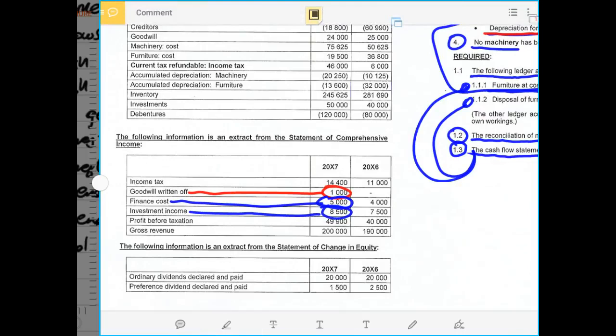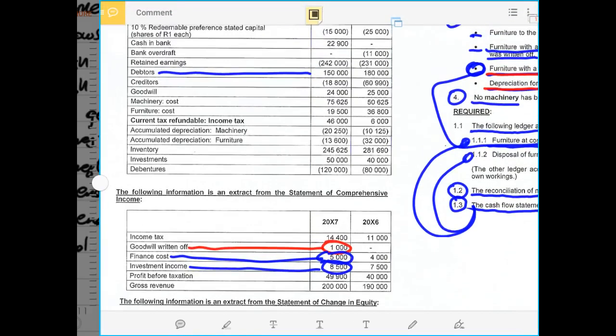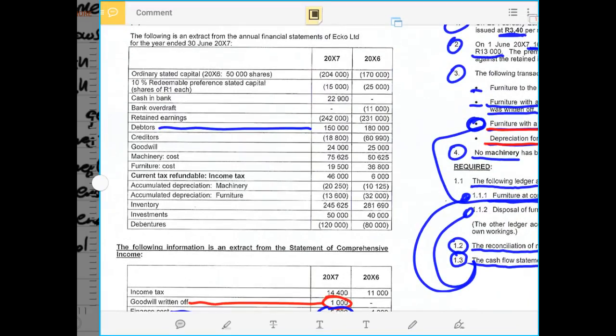Yes, we do have dividends, and they amount to 20,000 rands on ordinary shares. Then there are also preference dividends of 1,500 rands, and all of them were declared and paid. Therefore the total will be 21,500. But we need to first check in the statement of financial position if there are any shareholders for dividends. Remember, shareholders for dividends are the dividends that were not yet paid by the end of the specific accounting period.